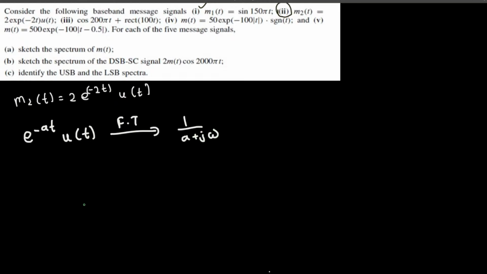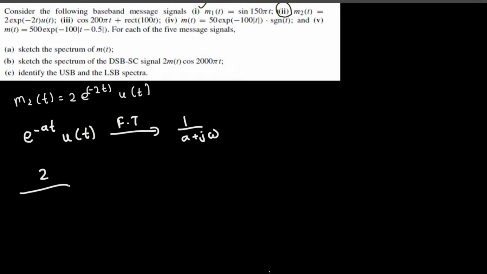Okay, if you look at the one we have here, we have 2 in front, so that is going to be in the numerator, and then e^(-2t) is like e^(-at), so you have to see what the a value is. That is 2 here, so that is going to be in the denominator.